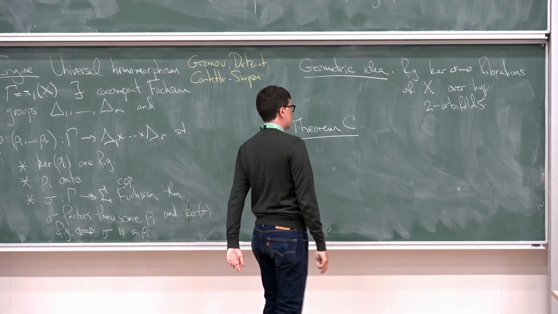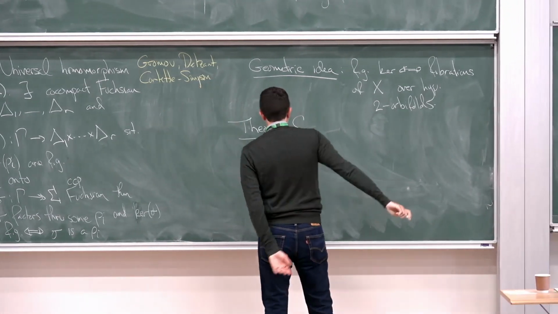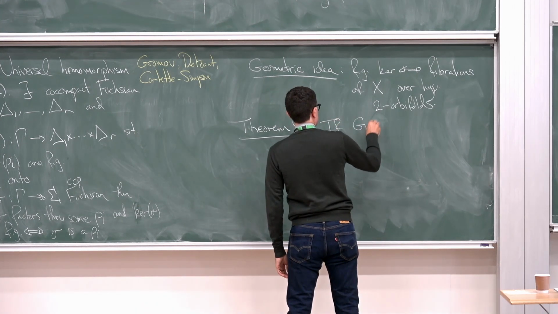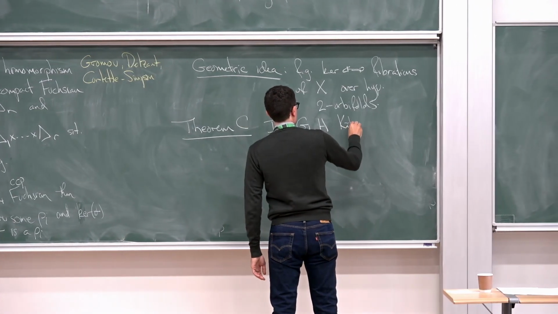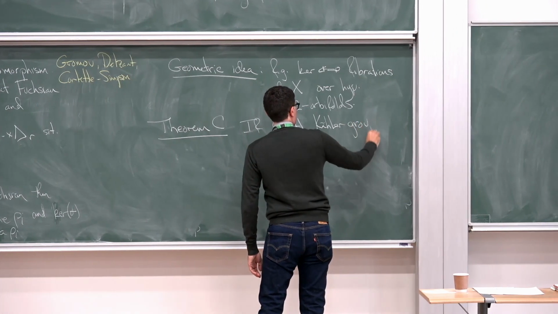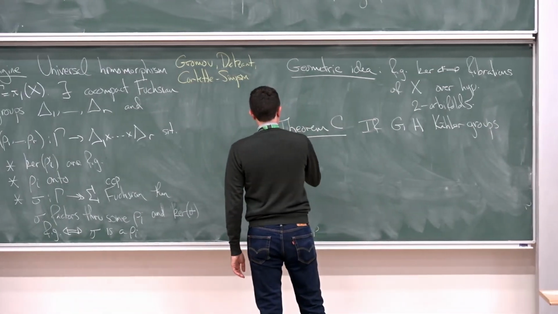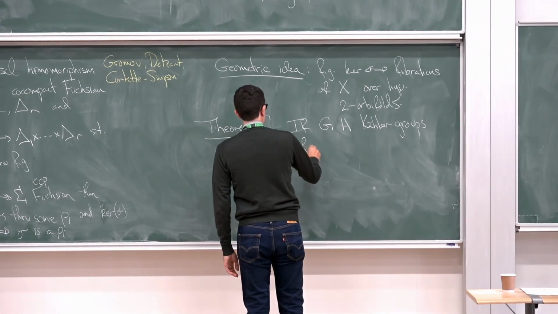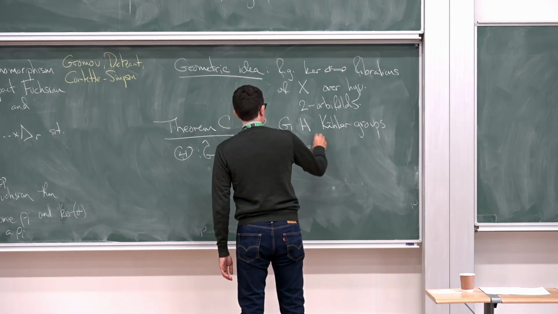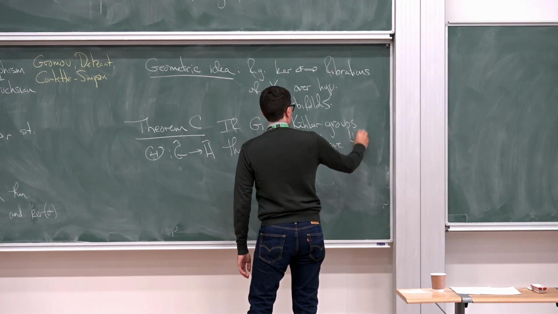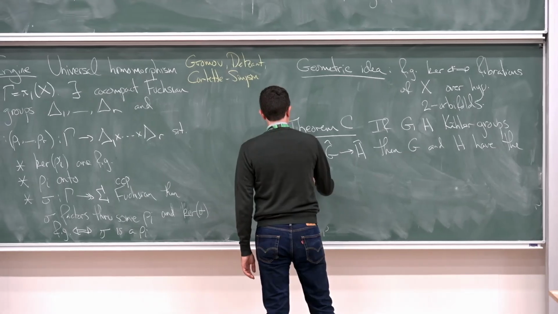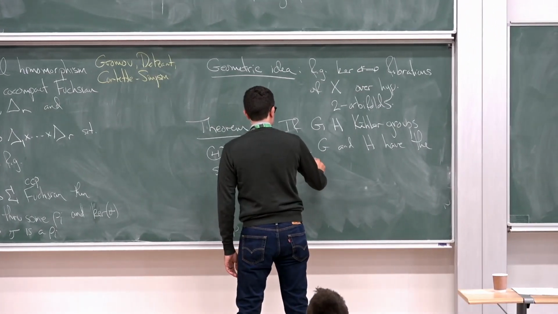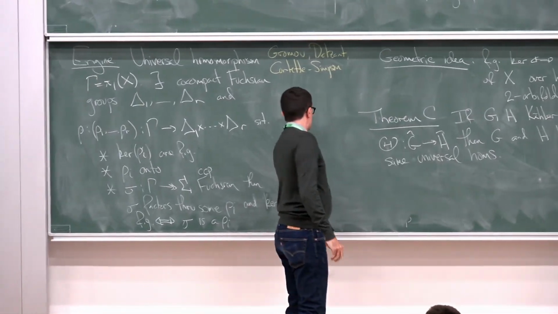Okay, so this is the engine that's going to get us going to talk about the other results. Theorem C: if G and H are Kähler groups, and we have an isomorphism of profinite completions, then G and H have the same universal homomorphisms. And what does that mean?